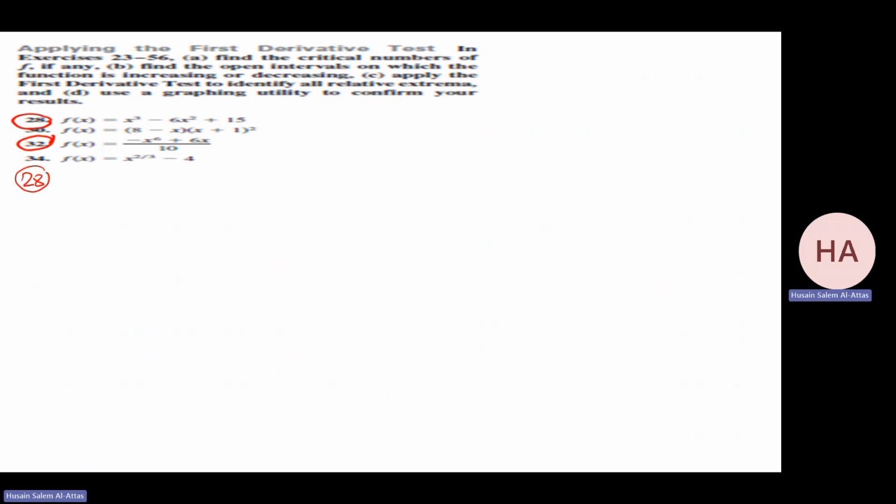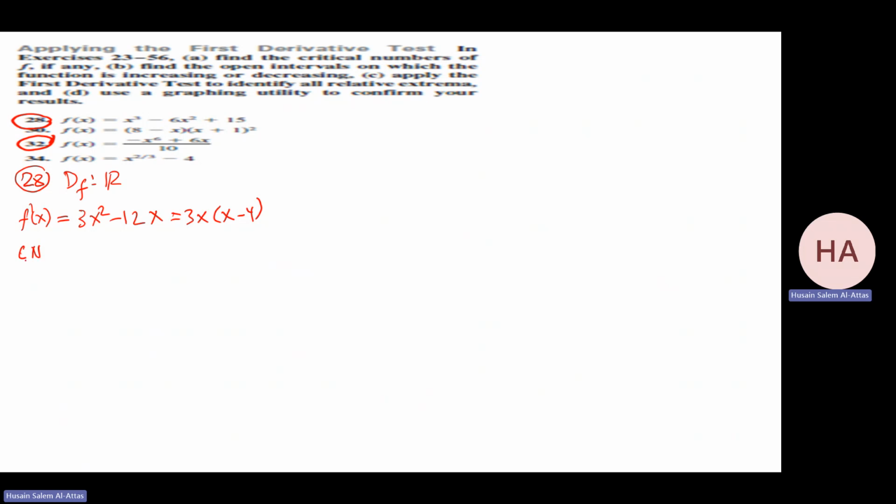So I'll find the domain, real numbers, very clear. So I'll find f prime, that will be 3x squared minus 12x, which is 3x times x minus 4.